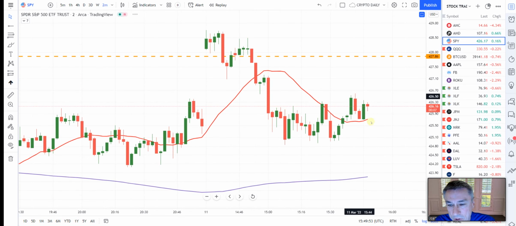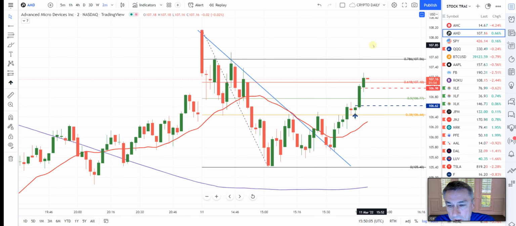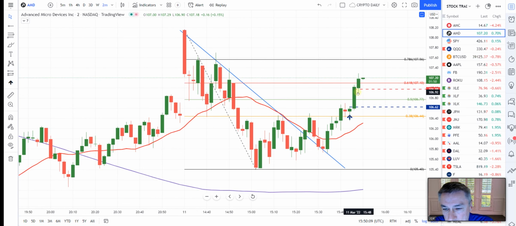Let's do the 2 minute chart, 2 minutes price action. Yeah, see, it hit somewhat of support here. It looks like it's trying to make a push to the upside. Yeah, and it's like, man, that's strong for AMD.